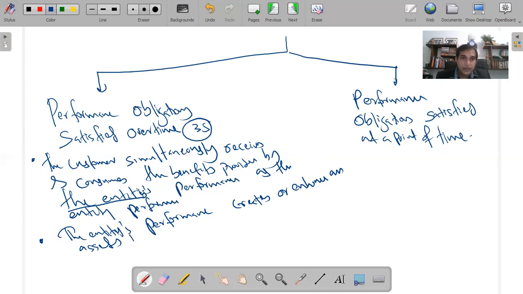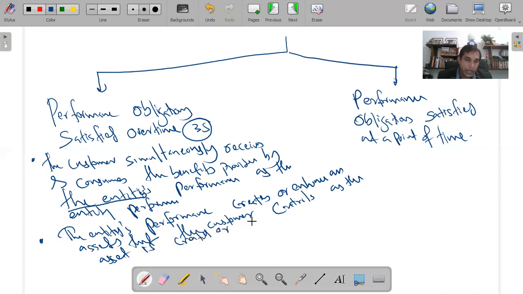That the customer controls, as the asset is created or enhanced, right?